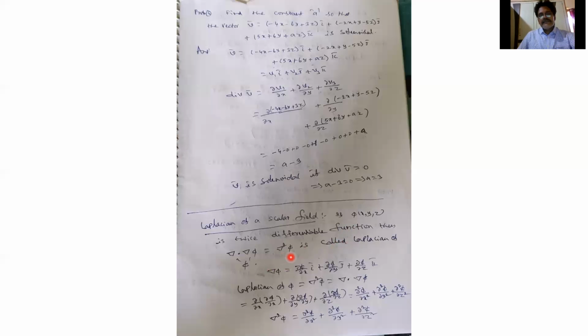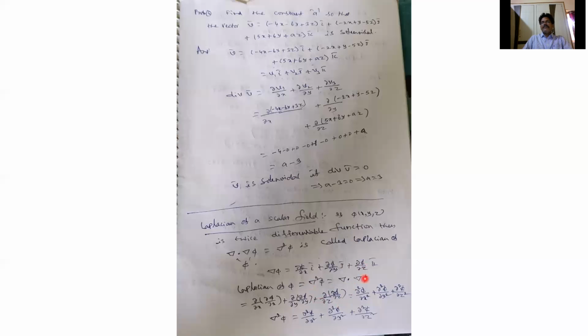We know that del phi is equal to ∂phi/∂x i bar plus ∂phi/∂y j bar plus ∂phi/∂z k bar. The Laplacian of phi is del square phi, which equals del dot del phi, that is, the divergence of del phi: the coefficient of i with respect to x, the coefficient of j with respect to y, and the coefficient of k with respect to z.